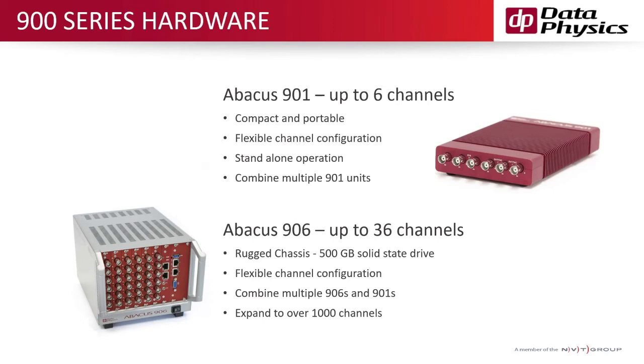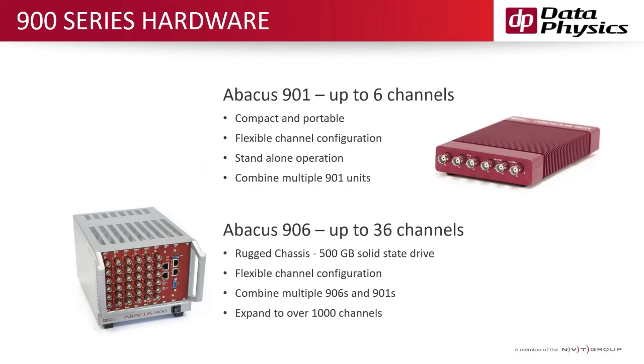900 series hardware have two flavors. The first, the Abacus 901, which is shown on the top right side. It goes up to 6 input channels. And the last two BNCs here are called the flexible channels. That means the two BNCs can be programmed and configured as inputs, outputs, or tags, depending on your test requirements and application.